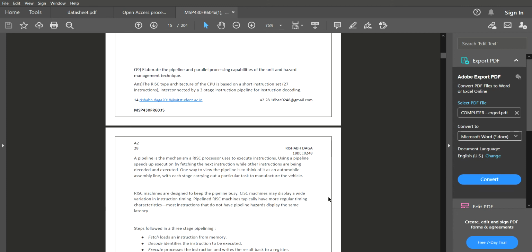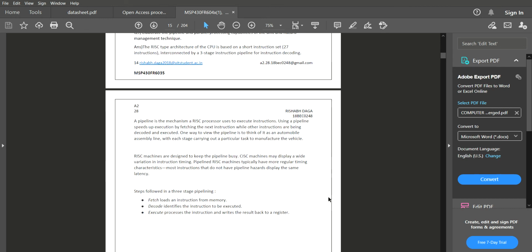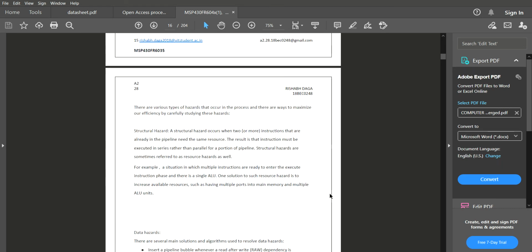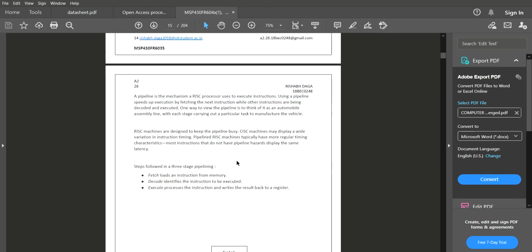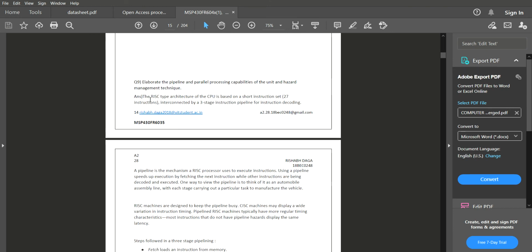RISC have more regular timings, and they typically have low latency. Now parallel is not the same thing. It's designed to be more efficient, but at the same time it's structurally complex, and it's a structural hazard as well. So the RISC type architecture is based on a short instruction set.